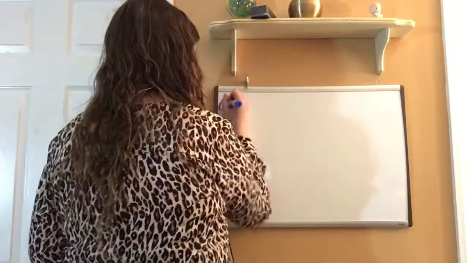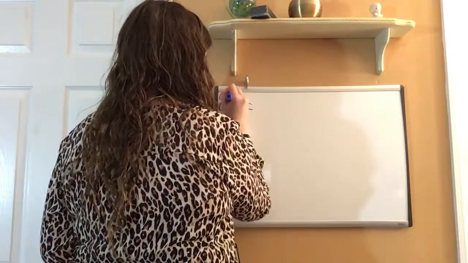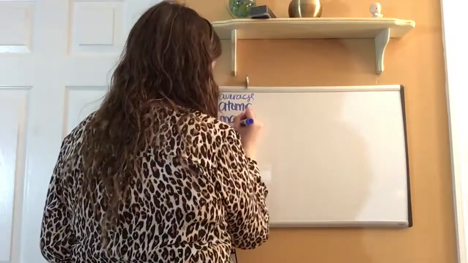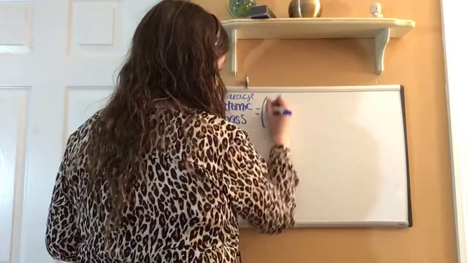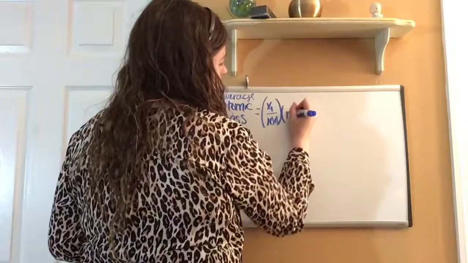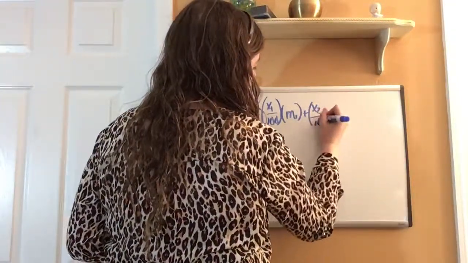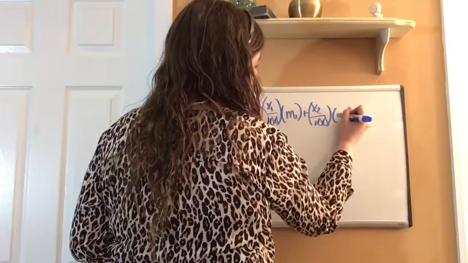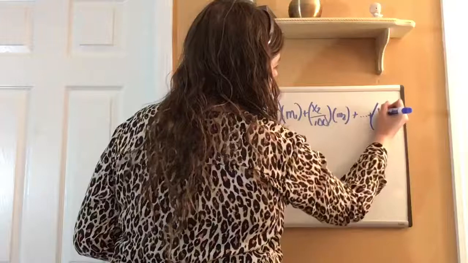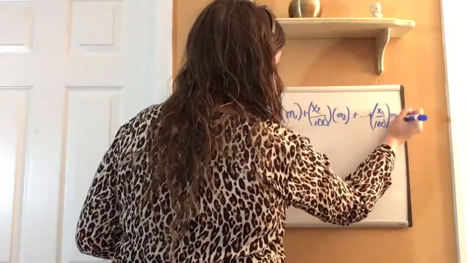So, average atomic mass equals x1 over 100 times m1, plus x2 over 100 times m2, plus dot dot dot, xn over 100 times mn.